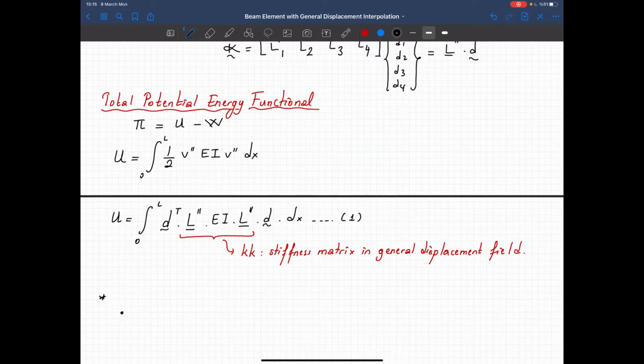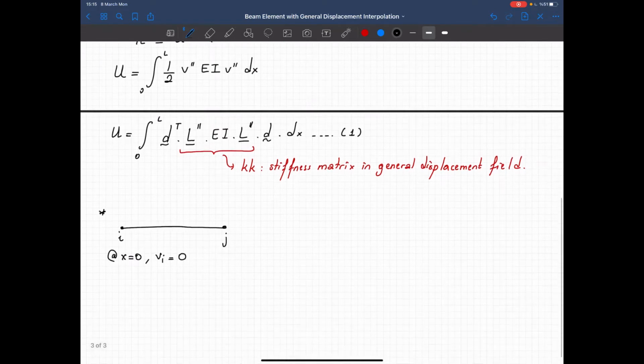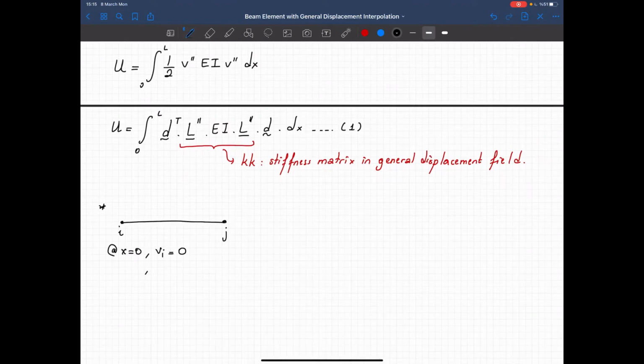So remember that that's our beam, that's node i, that's the jth node, okay? So we can say that at x is equal to 0, Vi is equal to 0, and also theta i is equal to 0.